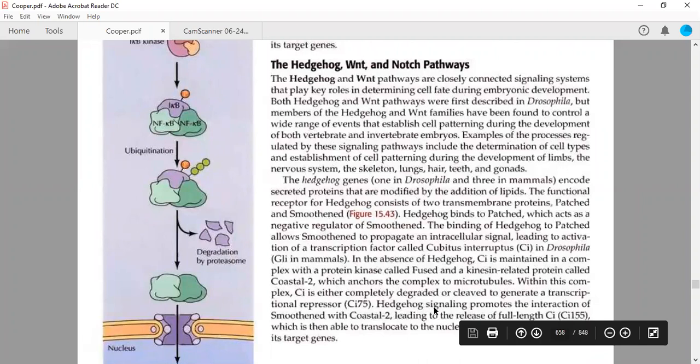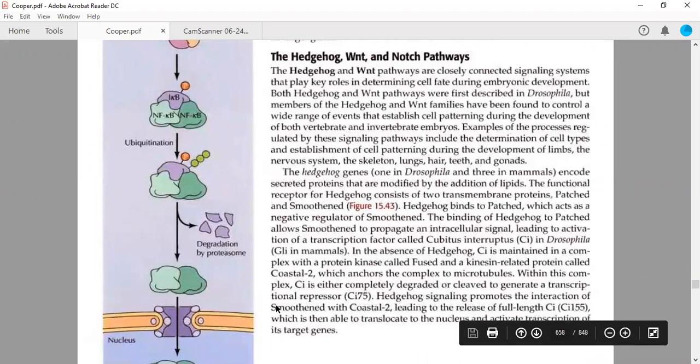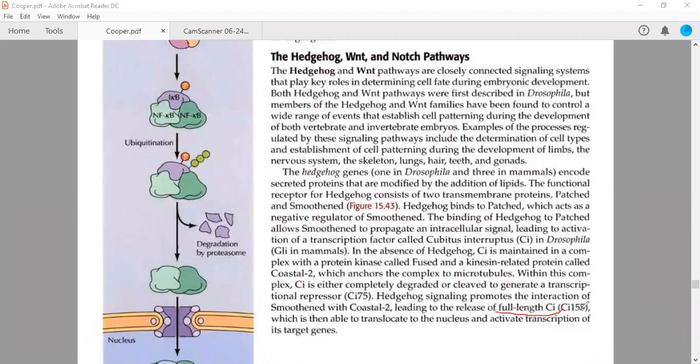Hedgehog signaling promotes the interaction of this receptor Smoothened with Costal 2, and it will lead to the release of full length CI 155. So you also need to note this. This is called full length CI, having molecular weight 155. It is able to translocate into the nucleus and will activate transcription instead of repressing gene transcription. It will be an activator.